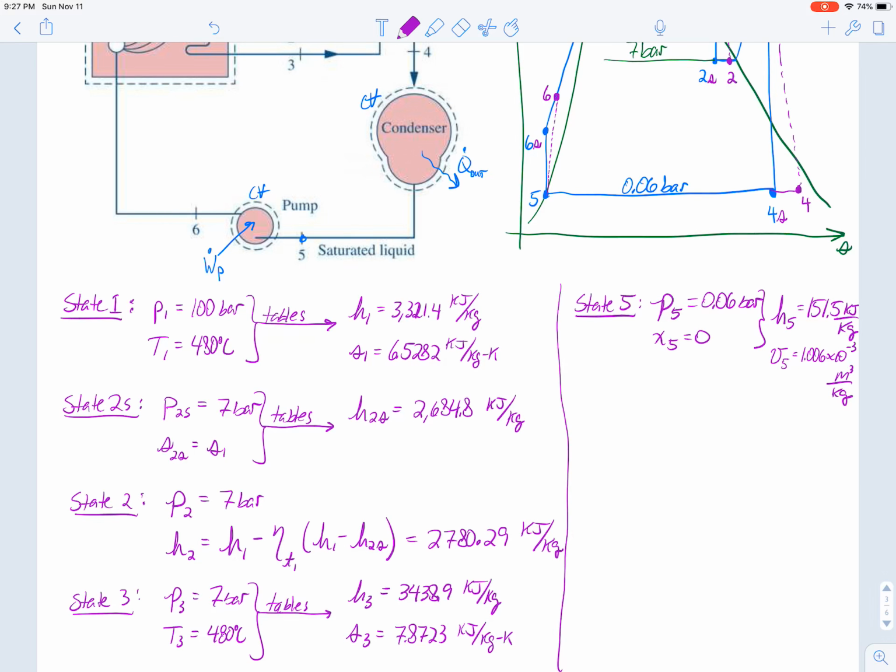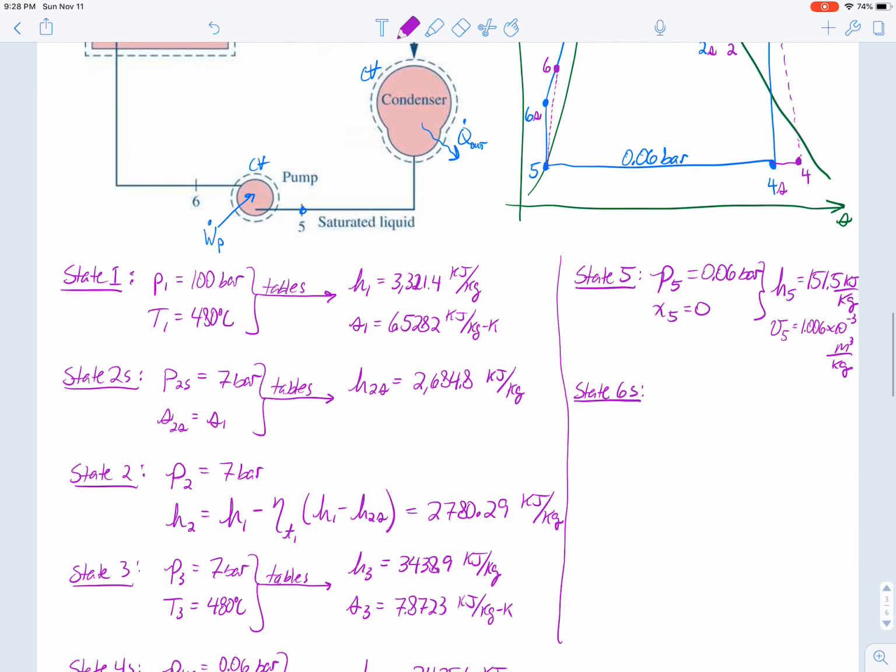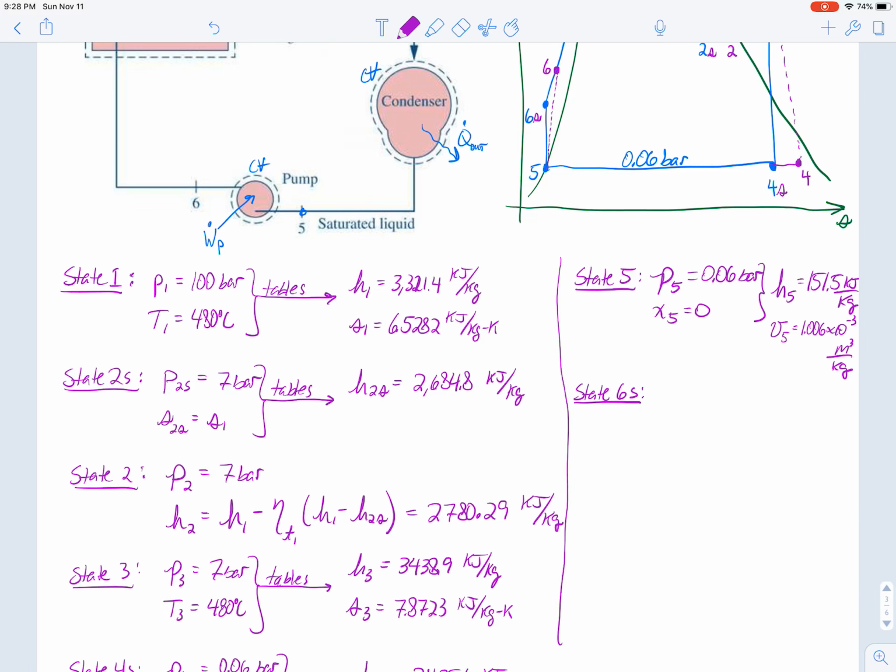So using that, now I can go to state 6S, the isentropic output of the pump. Now remember, the pump is a pressure change device, and so we have to use the first law for a control volume for reversible systems. And we see in that case that the enthalpy at state 6 is approximately equal to the enthalpy at state 5 plus the specific volume at state 5 times the pressure change.